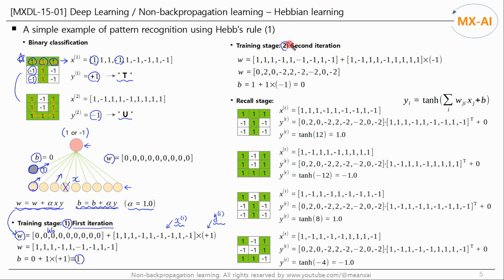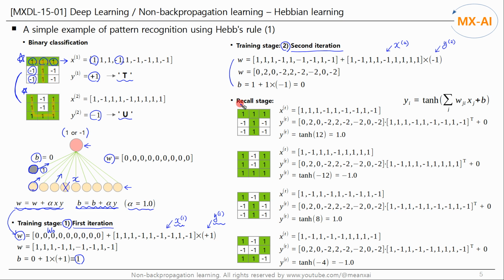In the second step of the training stage, the second image is input to the neural network. Then W and B are updated as follows. Now both images are remembered by the neural network.